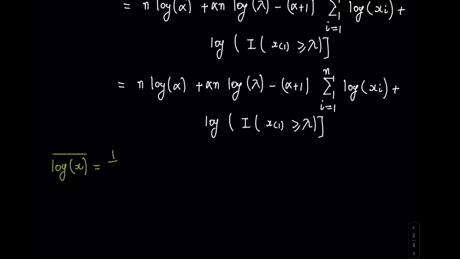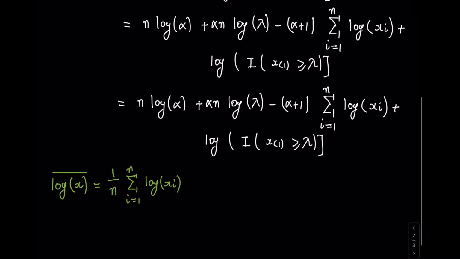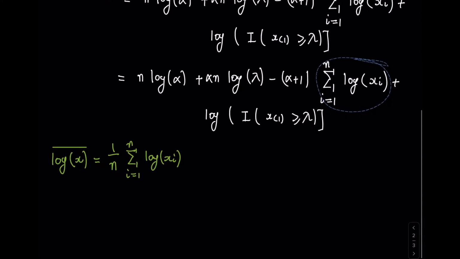And I'm going to define this as 1 on n sum i equals 1 to n log xi. In other words, it defines the average value of the log of our data set. So in this case, where I have the sum of log xi's, I can actually rearrange this equation in green down the bottom for a sec and multiply the n to this side of the equation.